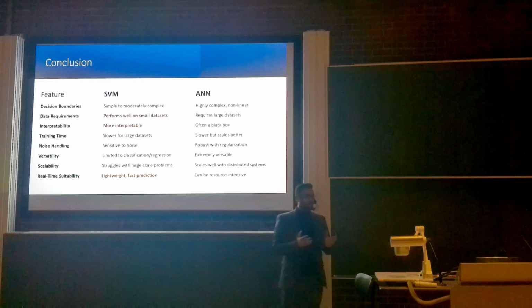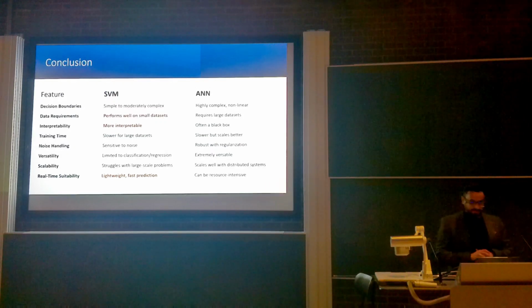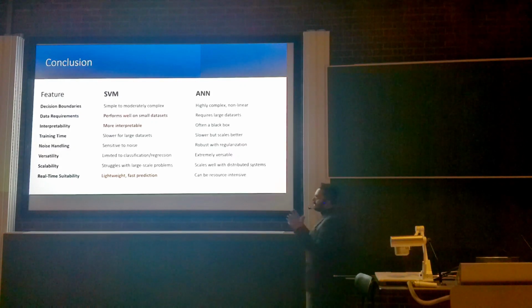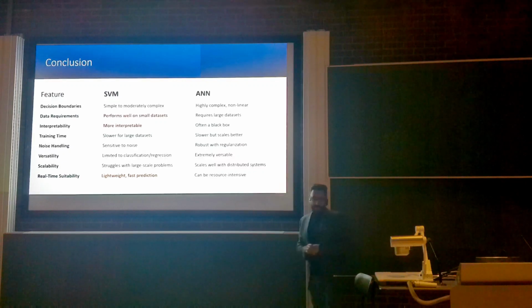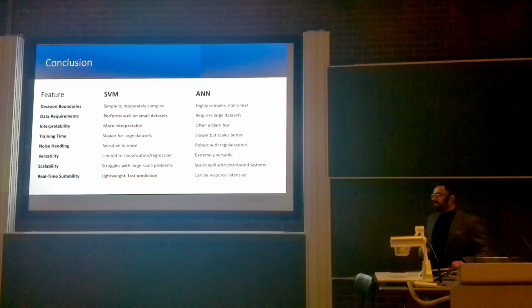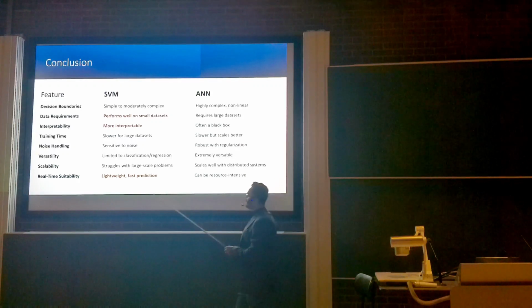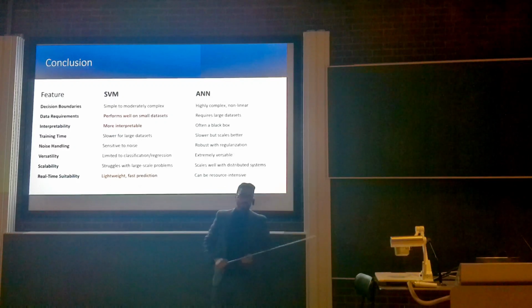So if we need to conclude this research, if we compare the two most accurate algorithms here, SVM and ANN, the main attribute that is necessary for implementation in IoT, for security, is interpretability.